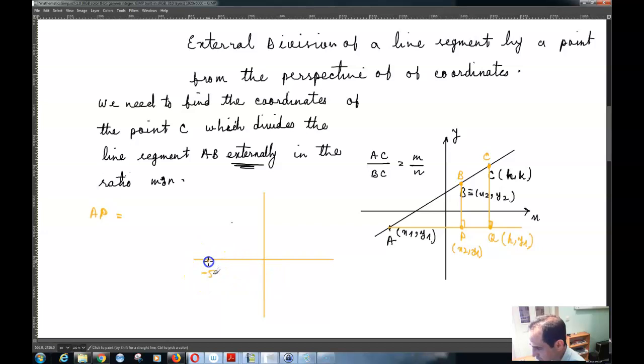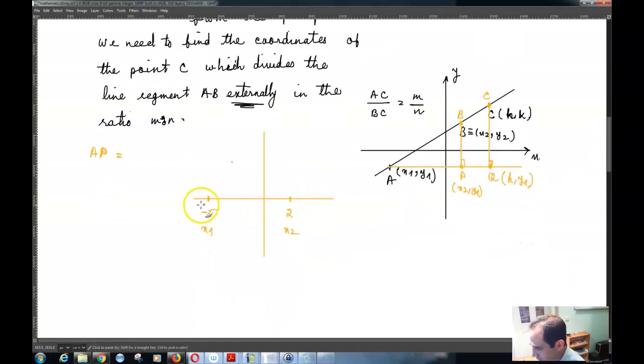There's some point over here, and the x coordinate over here is -5. So let's say that there is a point over here, the x coordinate over here is +2. So if I take this as, for example, x2, and if I take this as x1, then you know that the distance between these 2 points is 7 units. You have 5 units here, 2 units here, is 7 units.